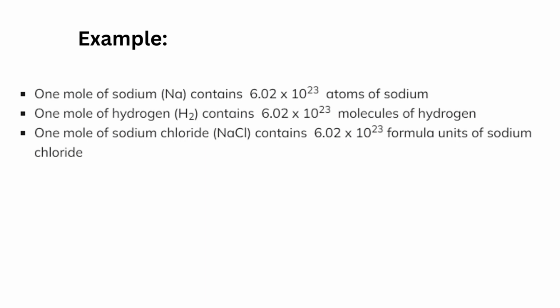Example, 1 mole of sodium contains 6.02 times 10 to the power 23 atoms of sodium. 1 mole of hydrogen, H2, contains 6.02 times 10 to the power 23 molecules of hydrogen. 1 mole of sodium chloride, NaCl, contains 6.02 times 10 to the power 23 formula units of sodium chloride.